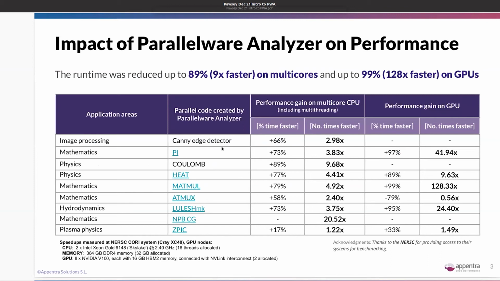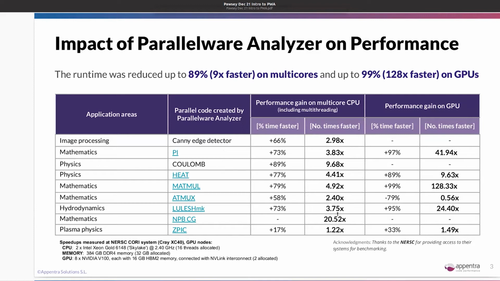So let's start by giving you some numbers of what you can achieve with Parallelware Analyzer. For different source codes from classic mathematics problems such as pi computation, the Coulomb, or matrix multiplication, here you have some interesting numbers on what kind of speedups you can achieve on both the GPU and the CPU.